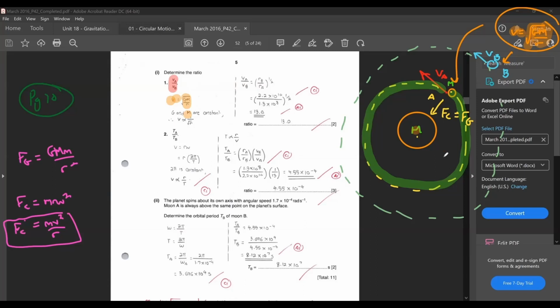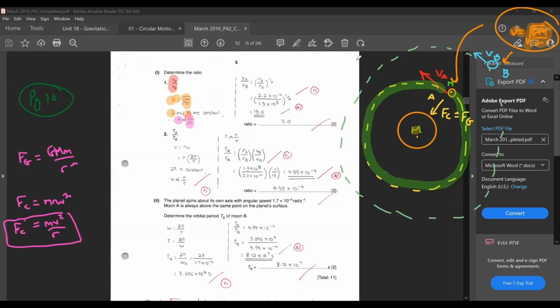You're orbiting about the same planet, so the big M is the same. And the gravitational constant is a constant, so that one is nothing to consider. It will be the same for both cases. So G and M are constant, and v is proportional to 1 over square root of r.